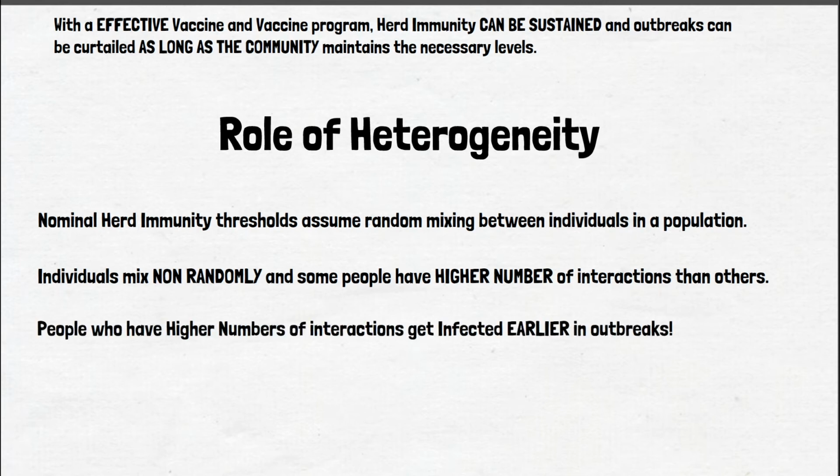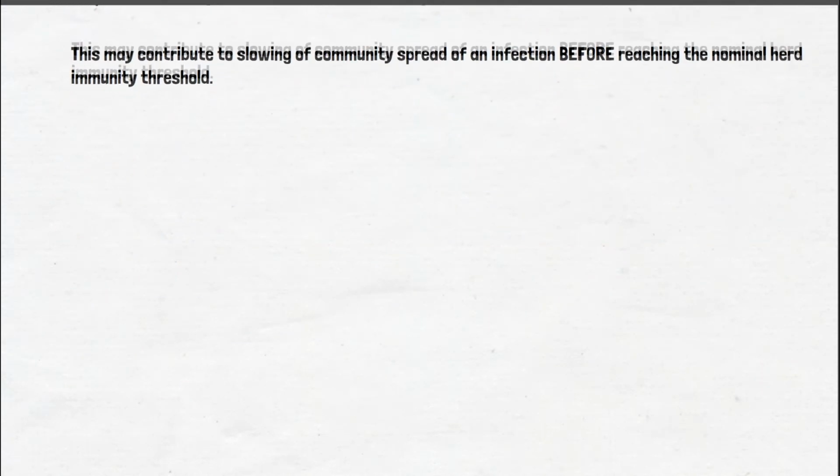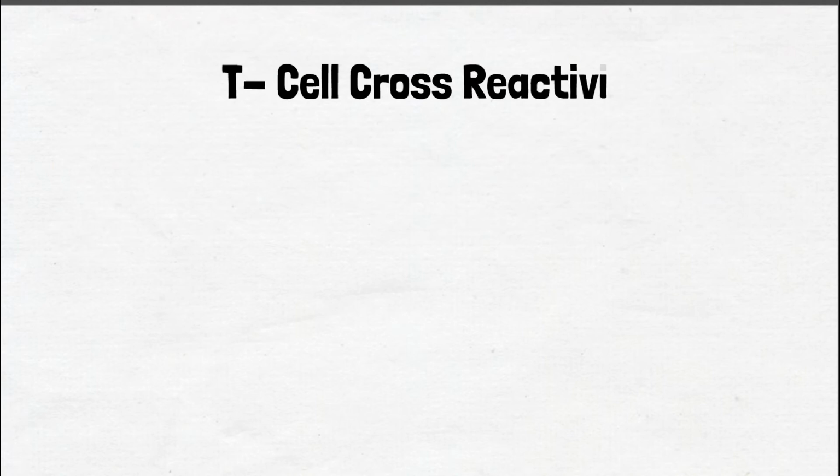Interestingly, empirically validated network models have shown that individuals who have a higher number of interactions get infected earlier in outbreaks. This may contribute to slowing of community spread of an infection before reaching the nominal herd immunity threshold. However, there's uncertainty regarding the precise effect of heterogeneity in social mixing on herd immunity against SARS coronavirus 2.